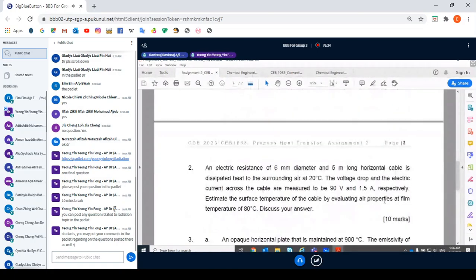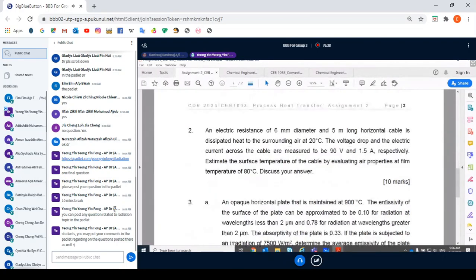Okay, question number two. Similarly, you have to start with the estimations or assumptions of your Ts value. This is natural convection, it's very obvious.